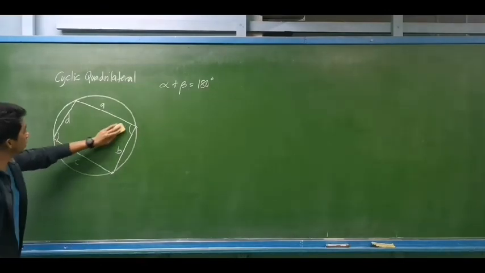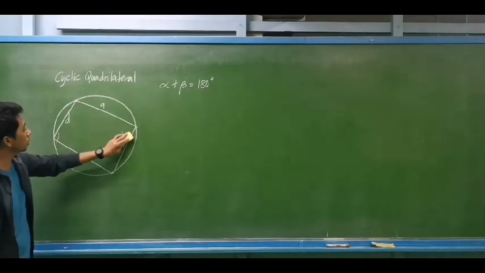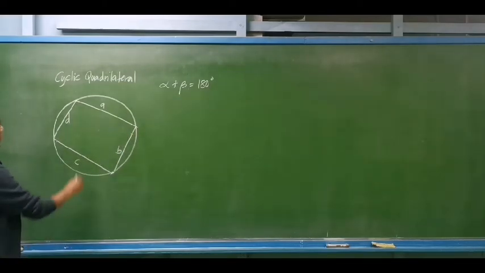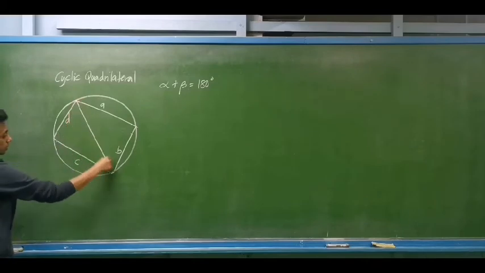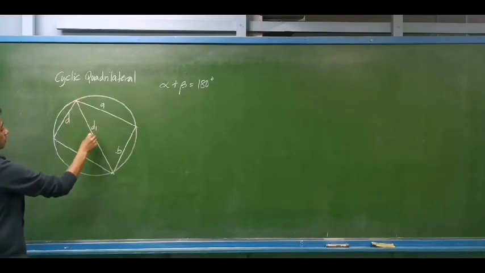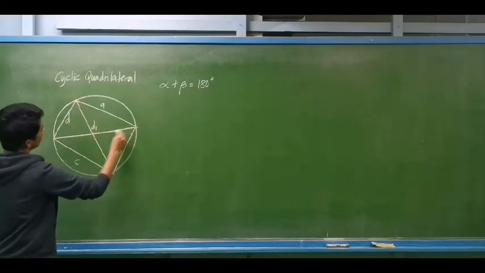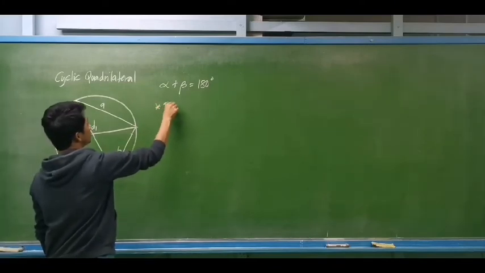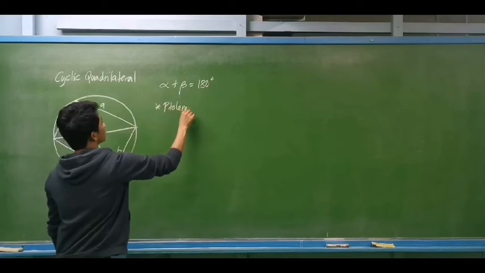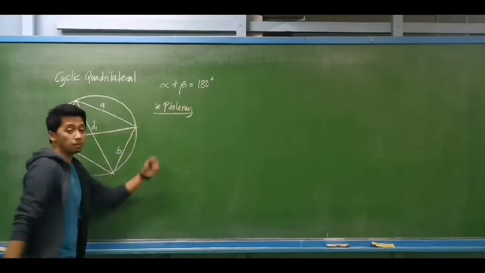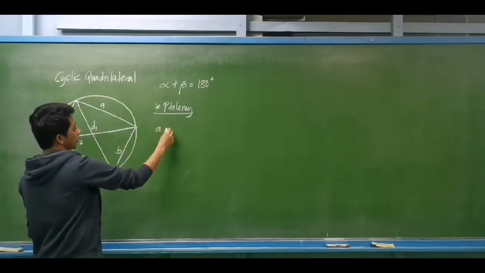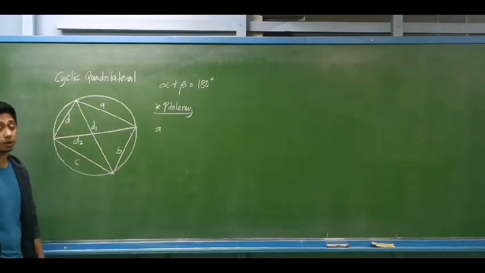Okay, dito natin ilalagay yung isa pang theorem. Kung gagawa tayo, for example, ng mga diagonals, let's say this is diagonal number 1, ito naman yung diagonal number 2, ito yung Ptolemy's theorem. The theorem of Ptolemy is the sum of the product of the opposite sides.